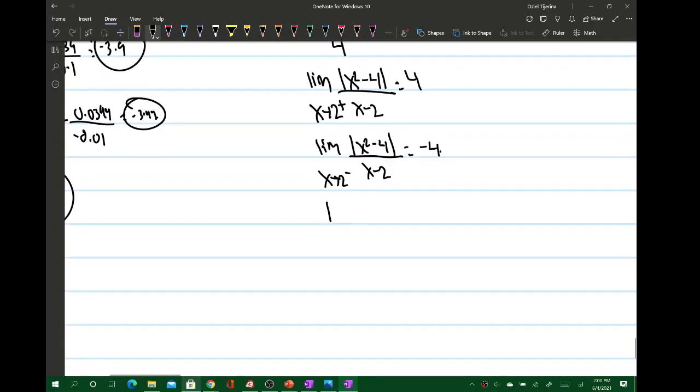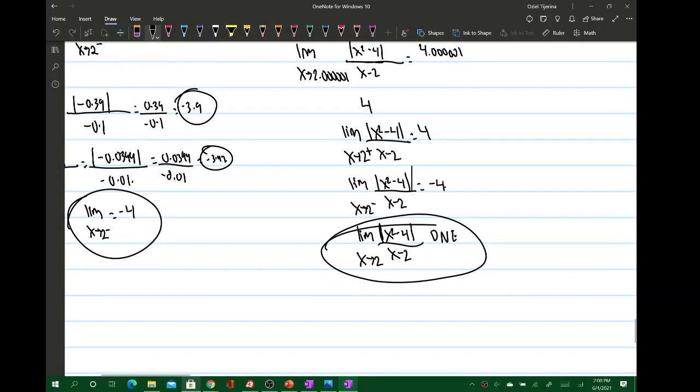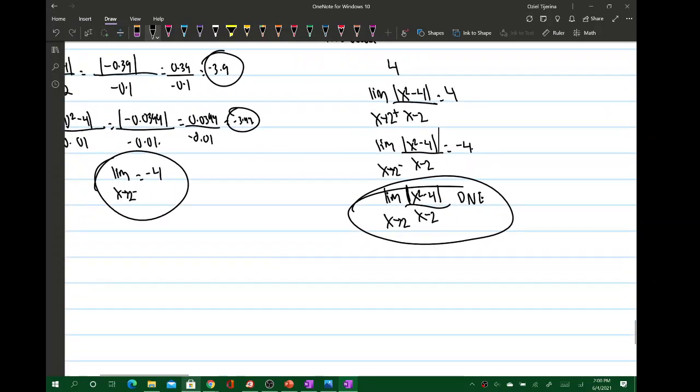So because it's equal to two different things, the limit as x approaches 2 from either left or right does not exist. Because it's approaching two different numbers.